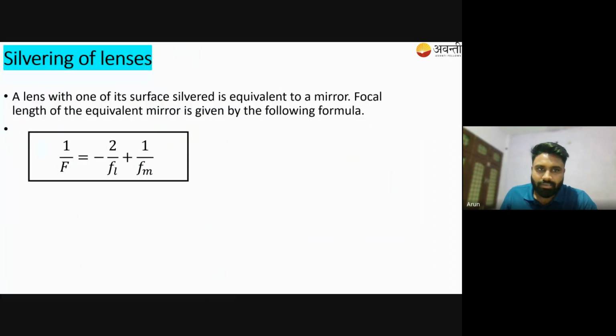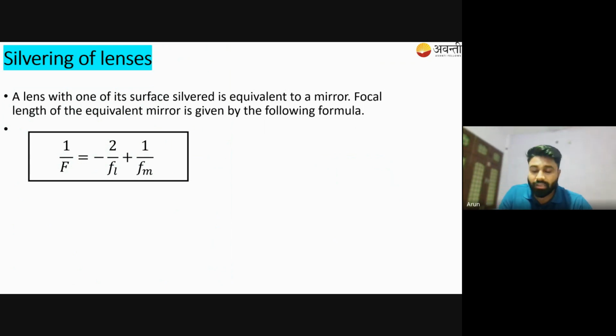Got it? Now, first of all, silvering of lenses. What is silvering of a lens? When we silver one of the surfaces of a lens and the other surface remains as it is, that lens will behave as a mirror, but with a different focus and a different power also.